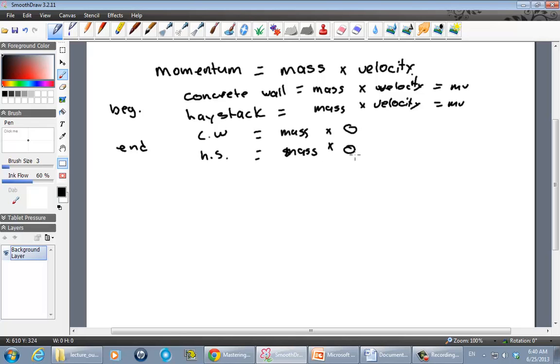So for the concrete wall, the change in momentum is mv minus 0, which is mv. What about for the haystack? It's exactly the same. But now let's look at impulse.